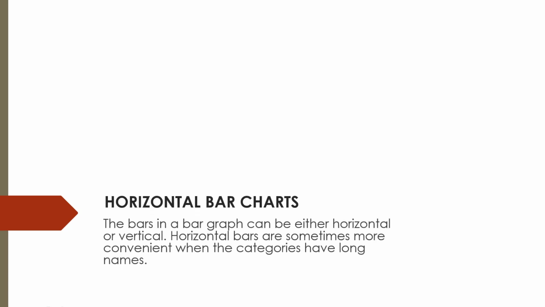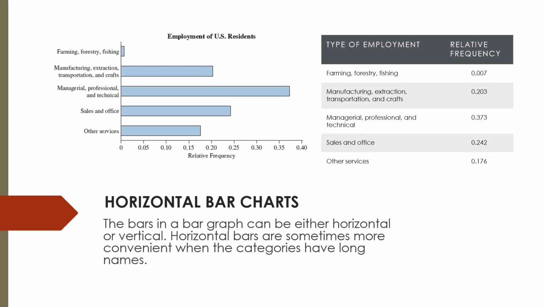Another type of bar graph is horizontal bar charts. So the bars in a bar graph can be either horizontal or vertical. Horizontal bars are sometimes more convenient when the categories have long names. For example, look at this dataset of type of employment. The names are very long: farming, forestry, and fishing. You see that?